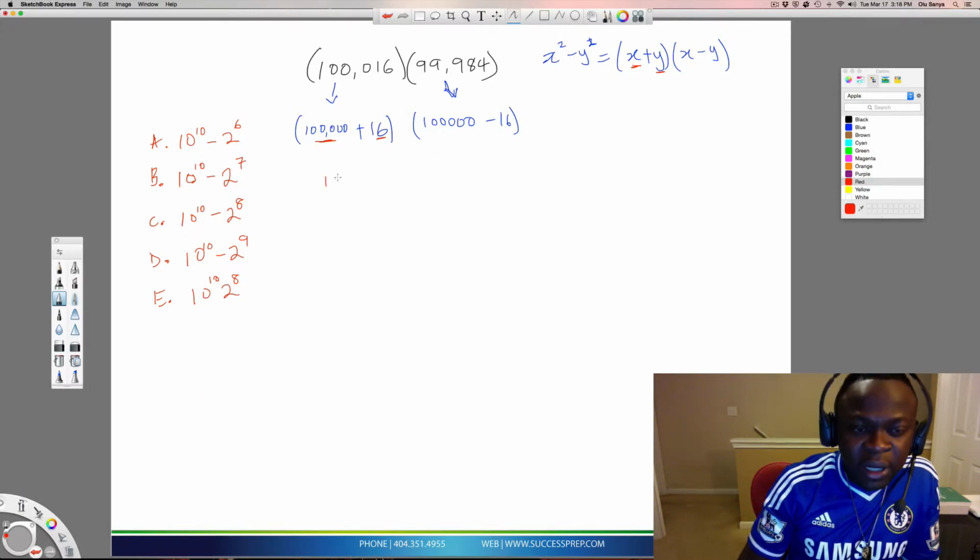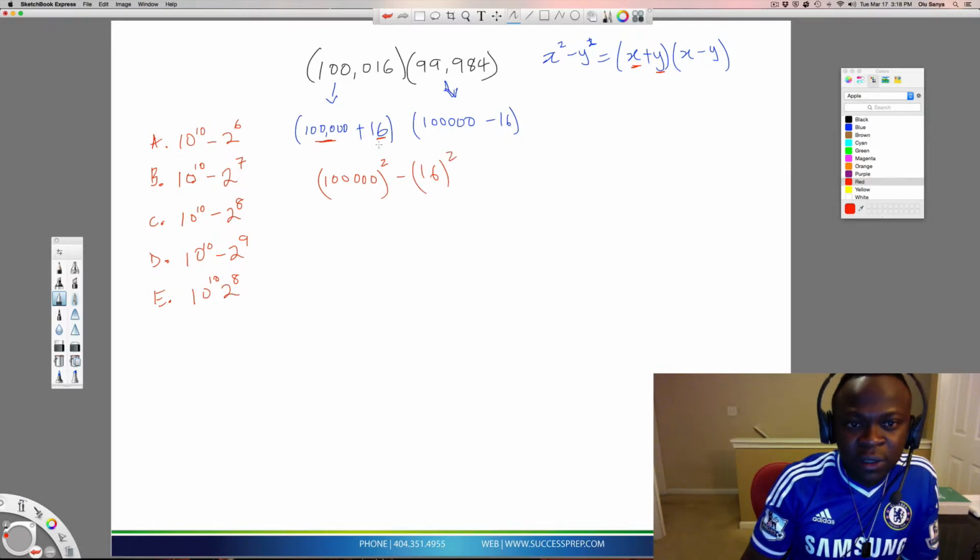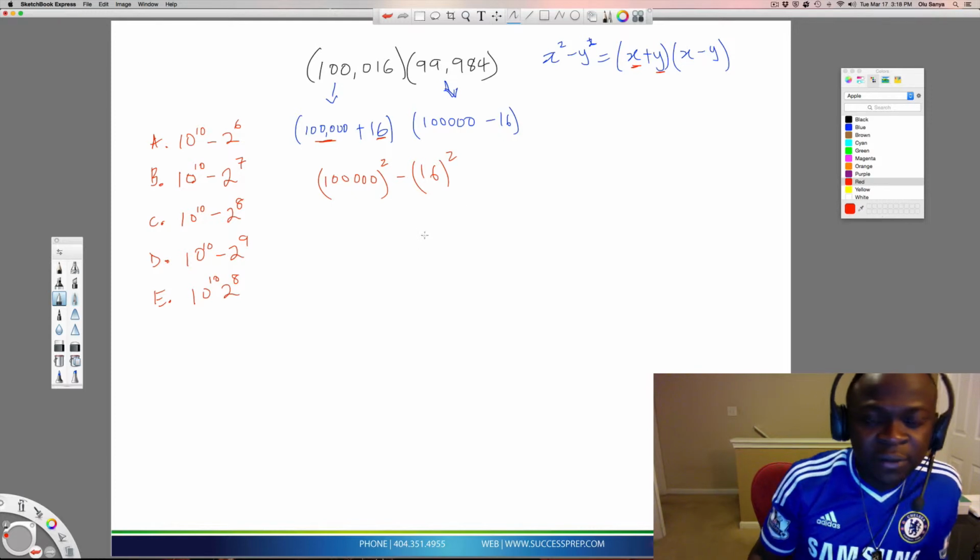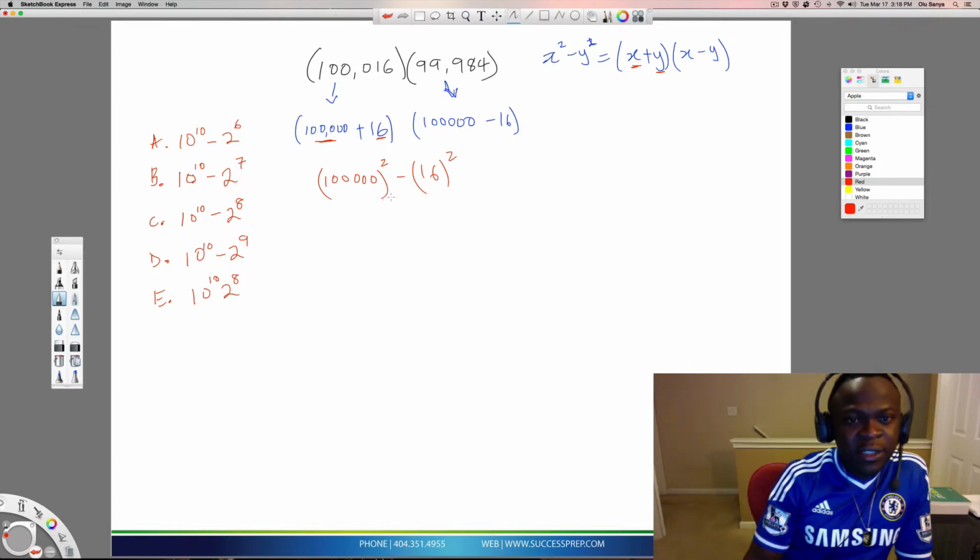So watch what I do here. I say 100,000 all squared minus the 16 all squared. That's essentially what these two things become when multiplied, because it's the difference of two squares. At this point we just need to simplify this a little bit to get the answer choices.